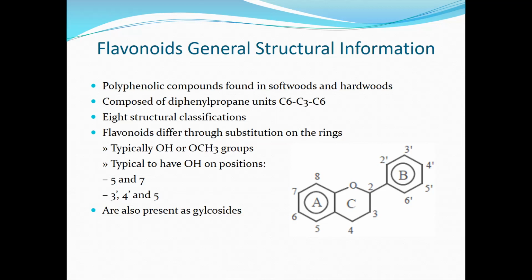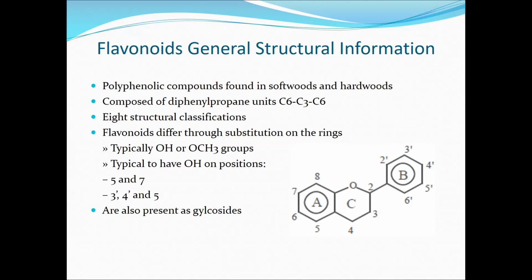Some of them have hormonal functions in plants and other organisms. For example, steroids are also like that. Another very important class of secondary metabolites, as well as ecochemicals, are flavonoids.